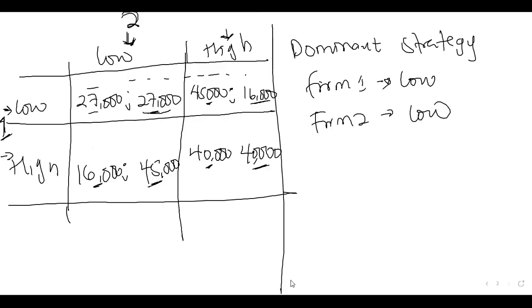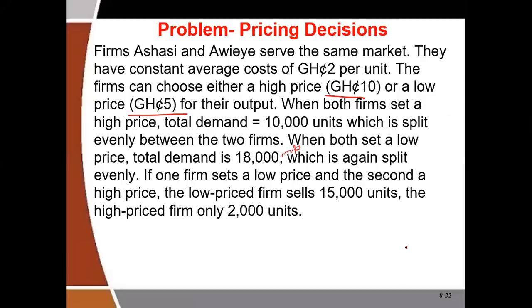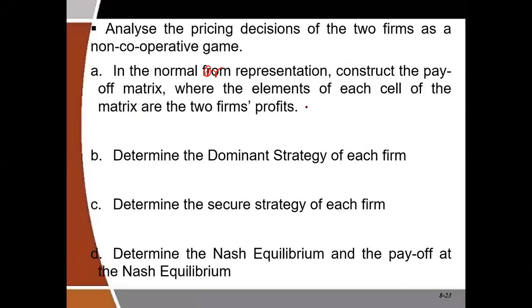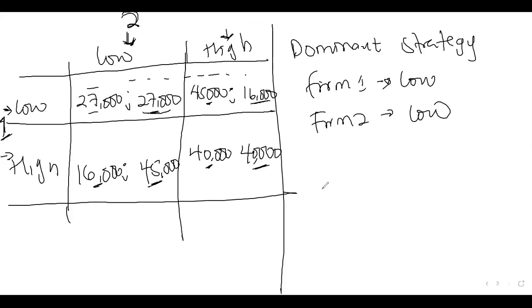All right. Now, because both of them have a dominant strategy, none of them has a secure strategy, okay? And then the Nash equilibrium in this scenario, so let's look at the question. The normal form we are done, the dominant strategy we are done. There is no pure secure strategy for the two of them because all of them have a dominant strategy. Then determine the Nash equilibrium. So the Nash equilibrium will be for both of them to play low, low, all right?